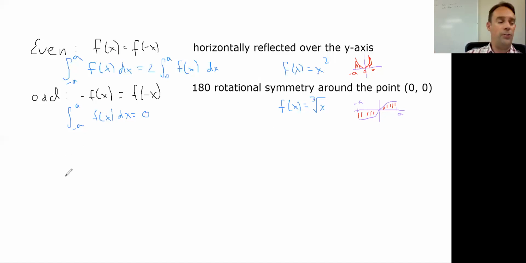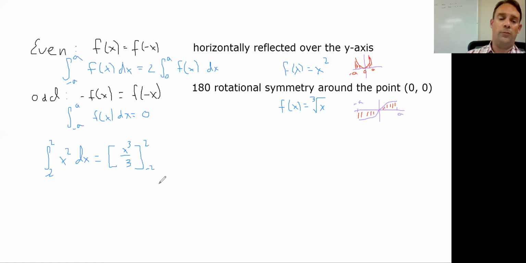So let's see how this works for these two functions, for even and odd. If I were to integrate this normally, I'd get x cubed over 3. And friends, you don't necessarily need to determine whether functions are even or odd.